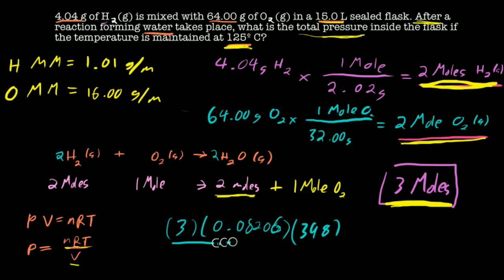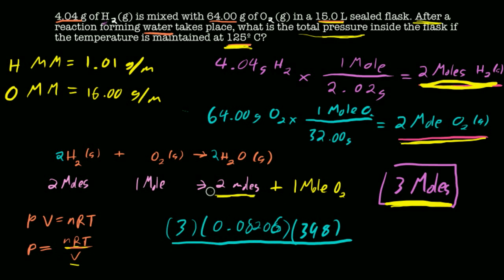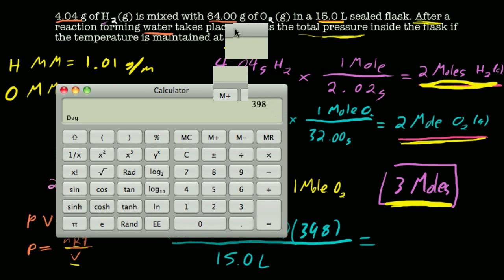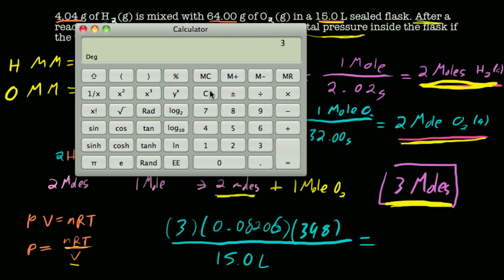And we're dividing all of that by our volume, 15.0 liters. What's this going to give us? I'll get the calculator again. So we have 3 times 0.08206 times 398 divided by 15.